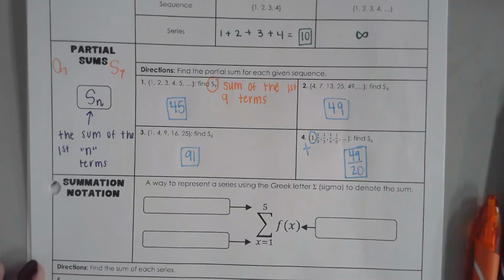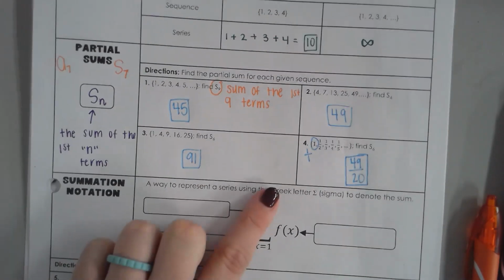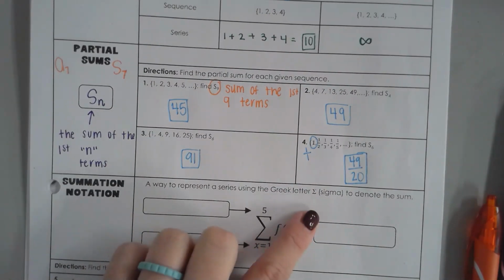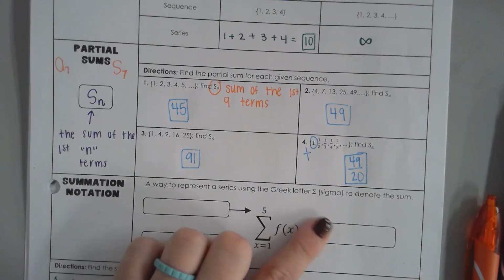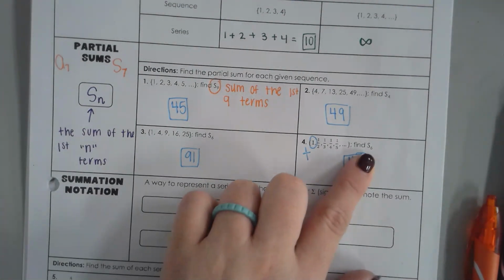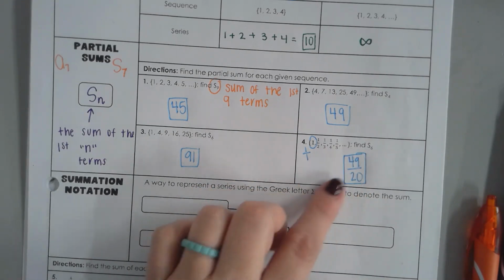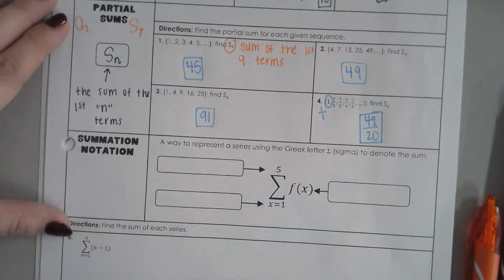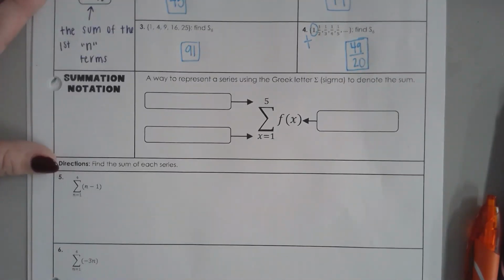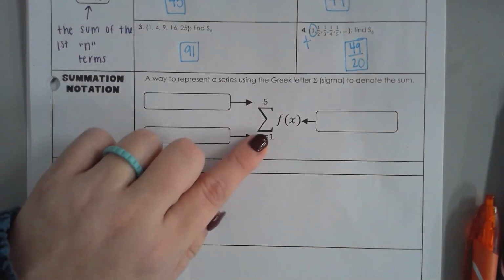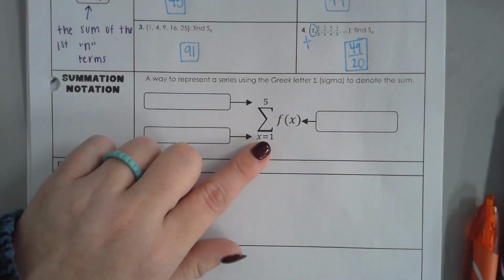Okay. So this could be very aggravating if you had to do this by hand and I asked for the sum of the first 38 numbers. That would take you a very long time. So we use this fancy symbol. Does anybody know what that symbol is?